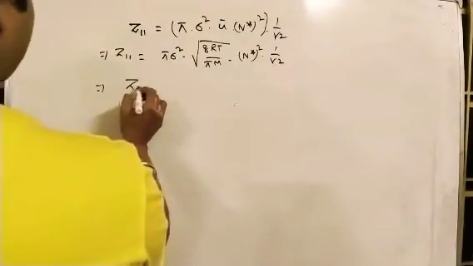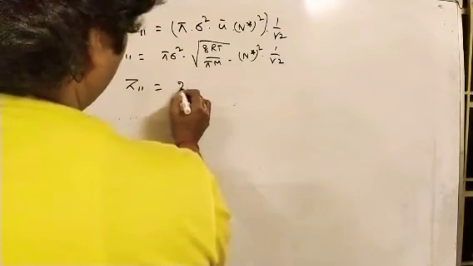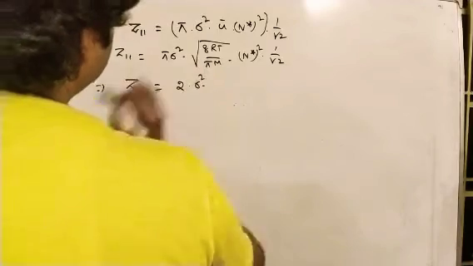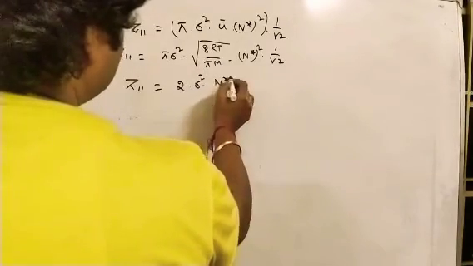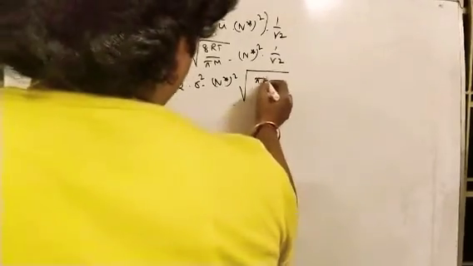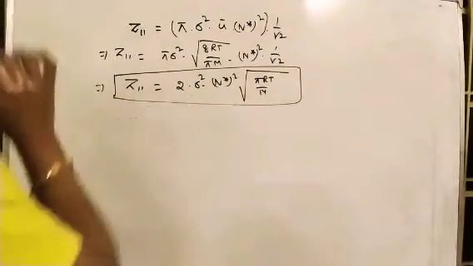So what we are finally getting is 2 into sigma square into n star square root over pi RT by m. This is the formula we are getting.